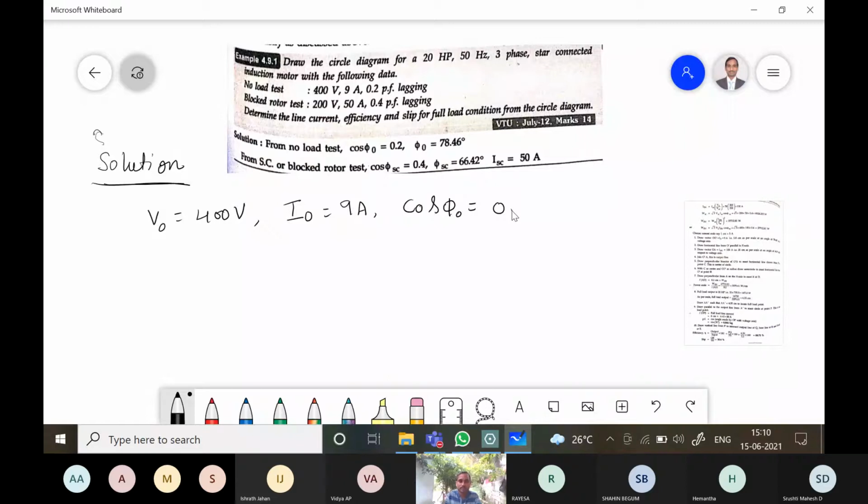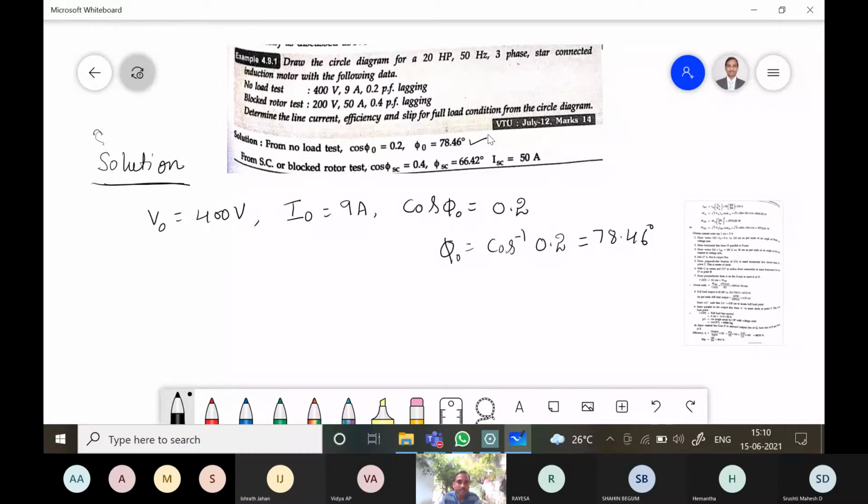So from this no load power factor, you calculate phi naught. Phi naught is equal to cos inverse of 0.2. How much did you get? 78.46 degree.